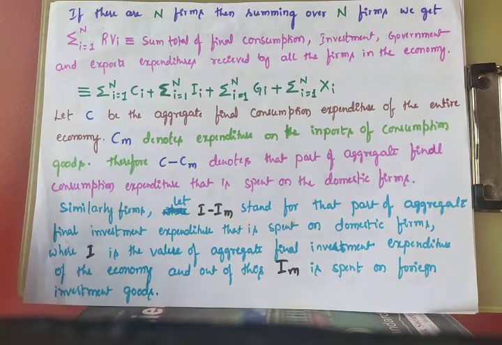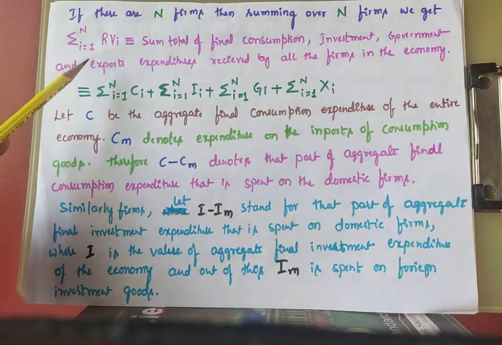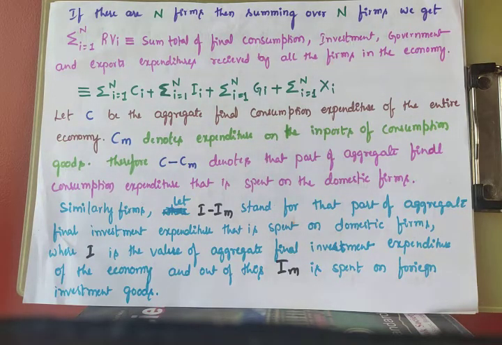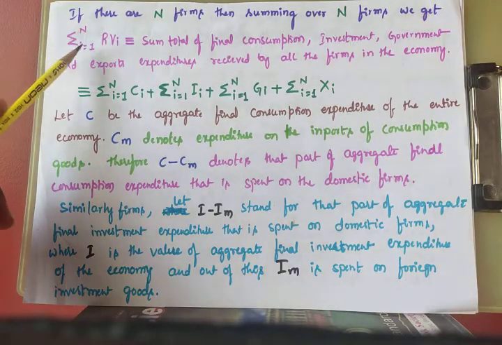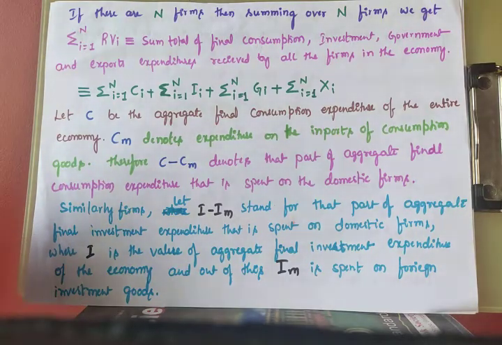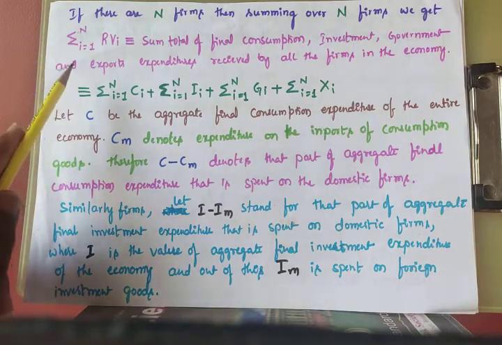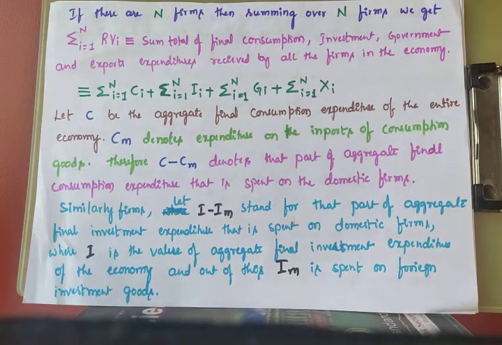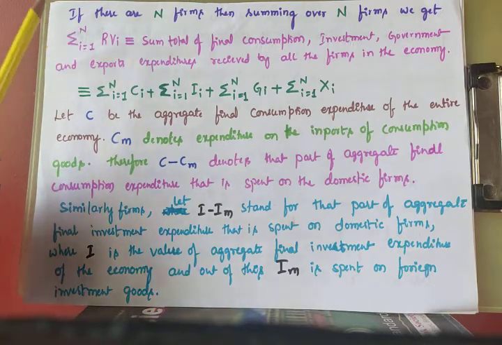We cannot say this much or that much. So while calculating national income under the expenditure method, we should calculate this way only. Sigma means summation, from I equals 1, one firm, up to n, the number of firms. That is how we calculate sigma I equals 1 up to n.